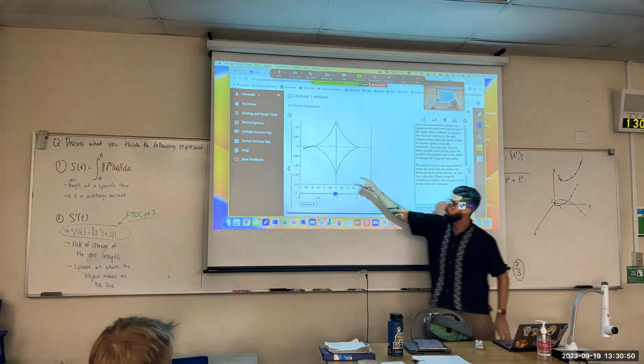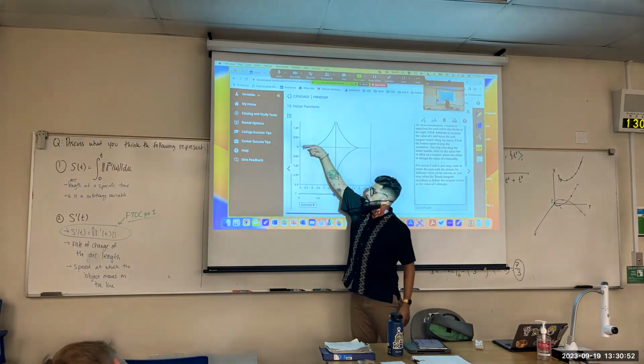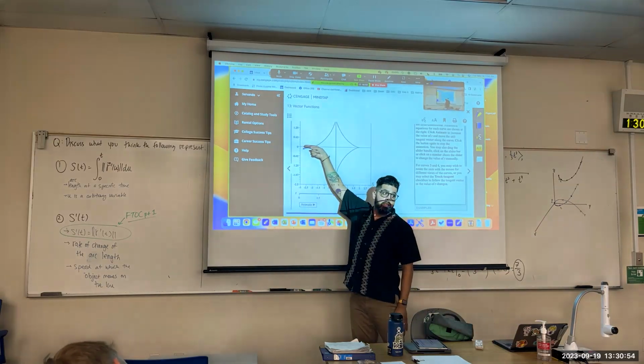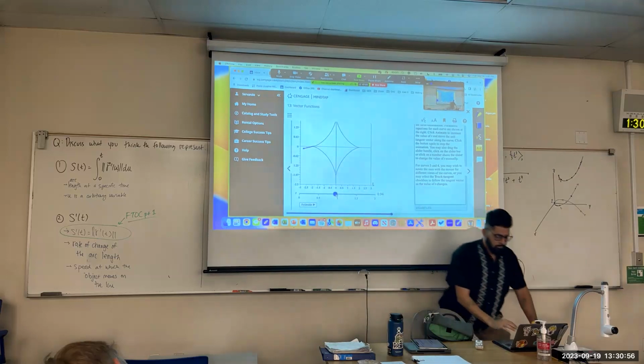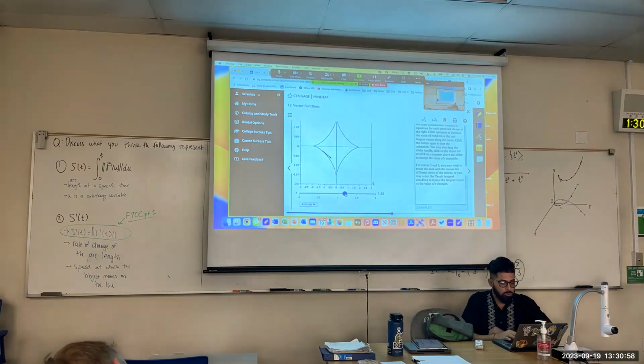It seems to be approaching a vector that's going to point towards the left. But now if I approach t from the right, it seems to be approaching a completely different vector that's now pointing to the right. So the limit will not exist in this case.